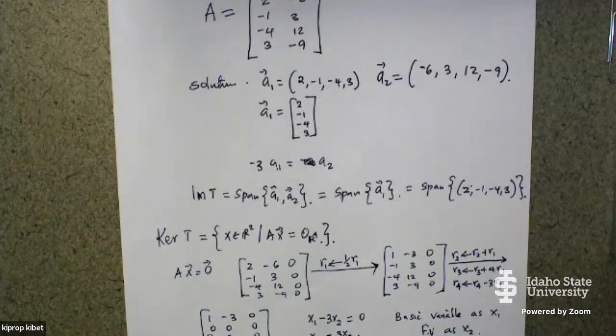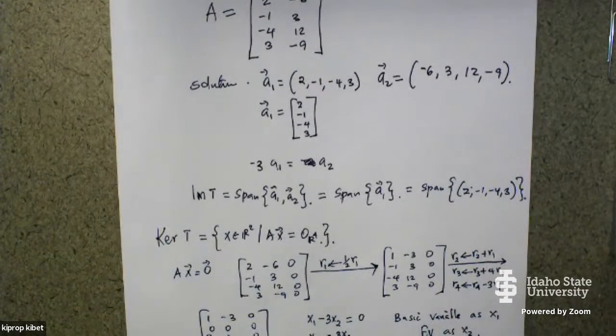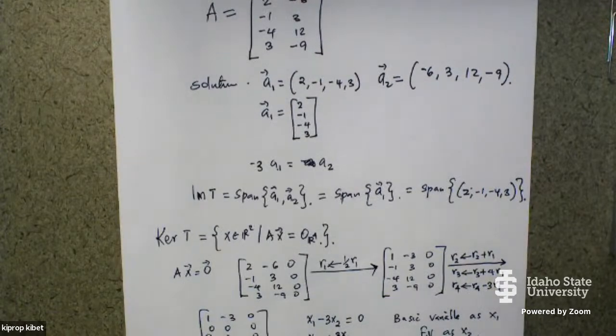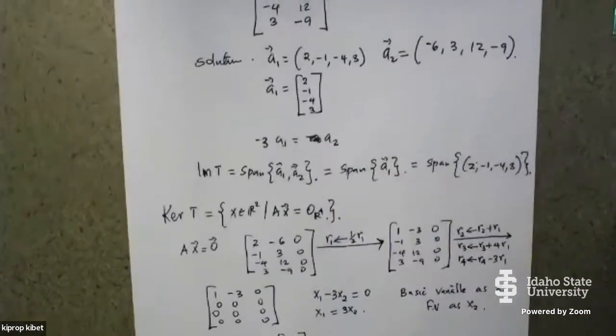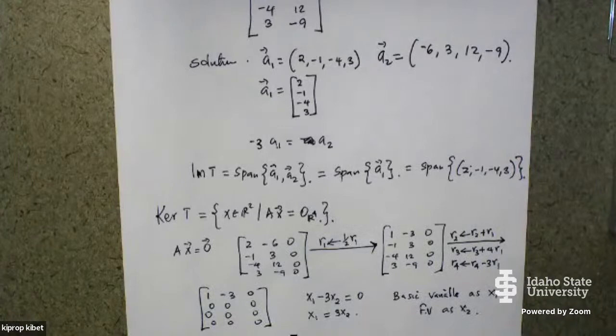Now our solution set, x, equals (x1, x2), which equals (3x2, x2), and therefore we can factor out x2: x2 times (3, 1).